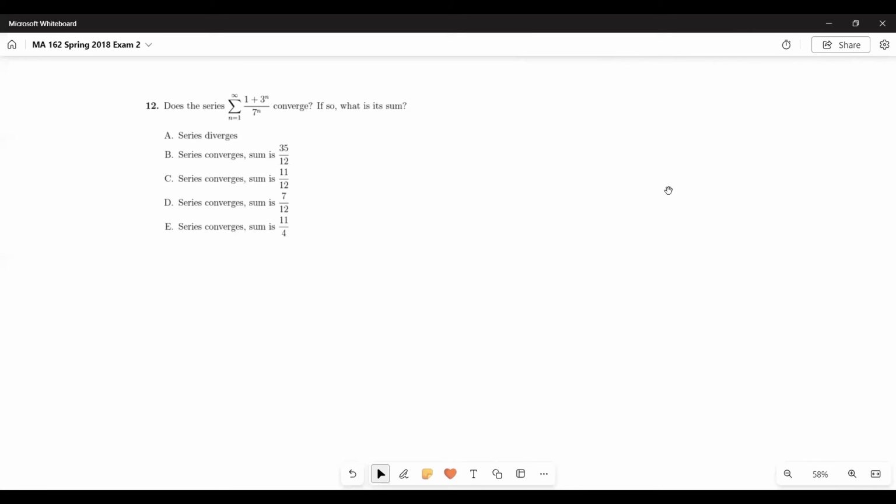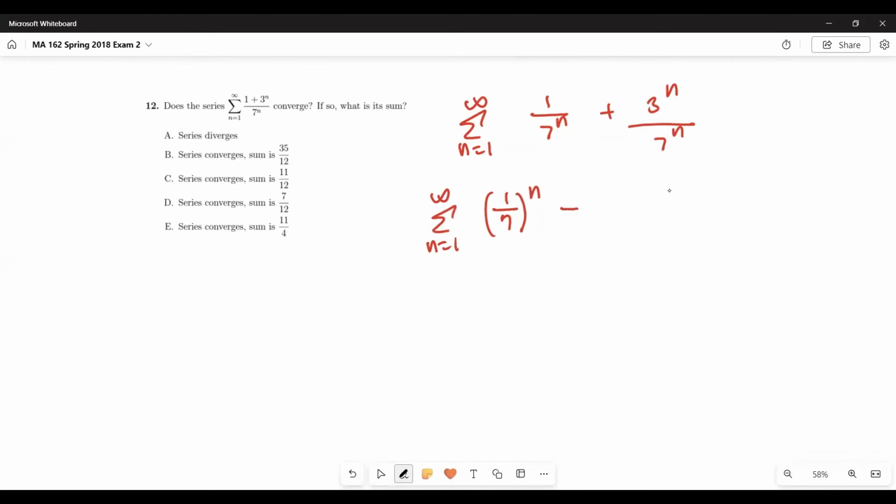Okay, so this question asks, does the series from n equals 1 to infinity of (1 plus 3^n) over 7^n converge? And if so, what is the sum? Let's look at it. We can rewrite this as the sum from n equals 1 to infinity of 1 over 7^n, plus the sum from n equals 1 to infinity of 3^n over 7^n.